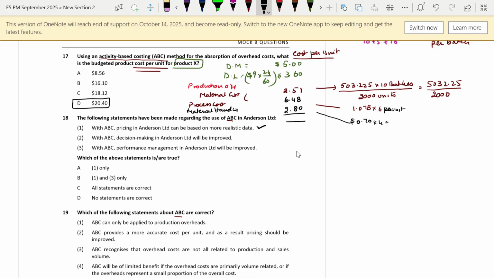Next, if we have realistic data, decisions will be improved as we have real figures. 1 and 2 are correct, which means all statements are correct. But read the third one also. If decisions improve, performance management will improve. Next.